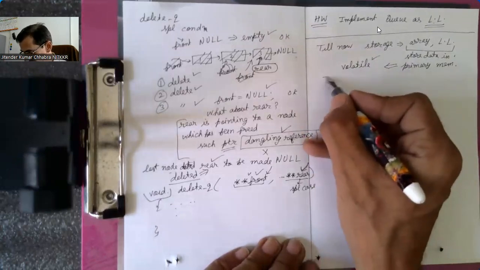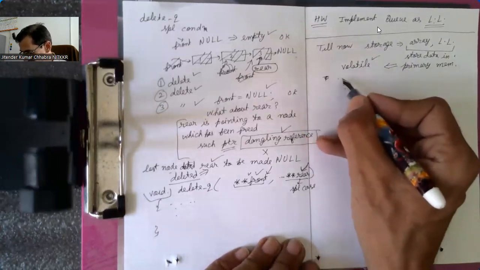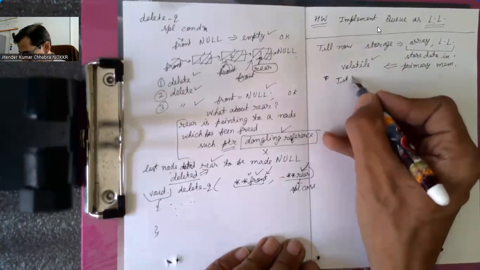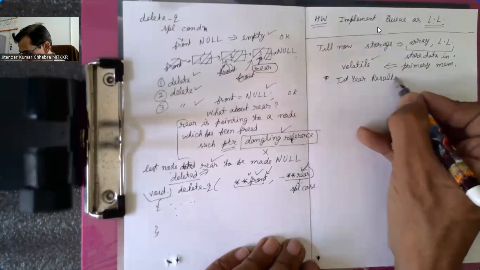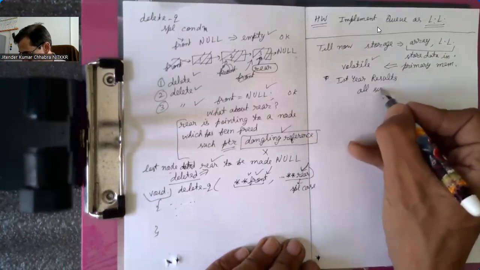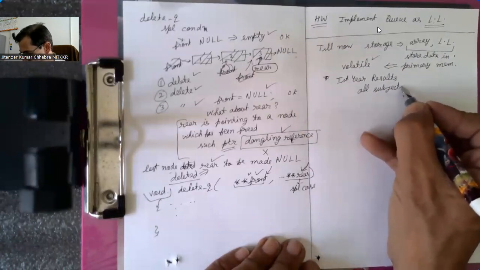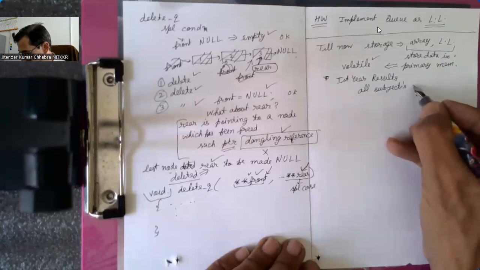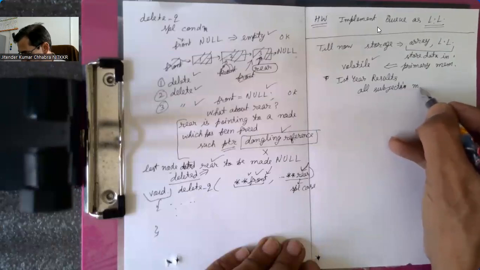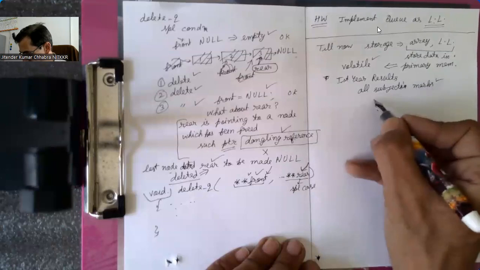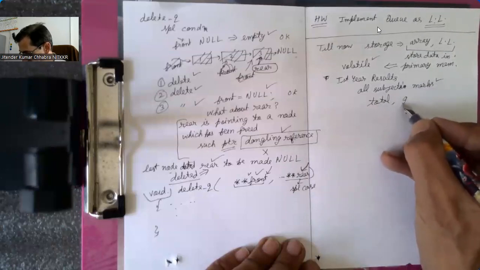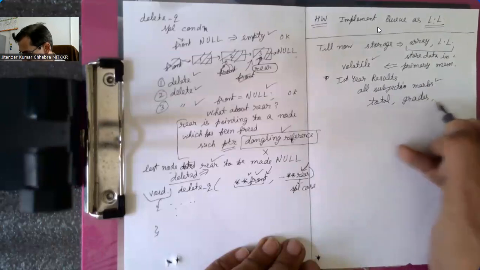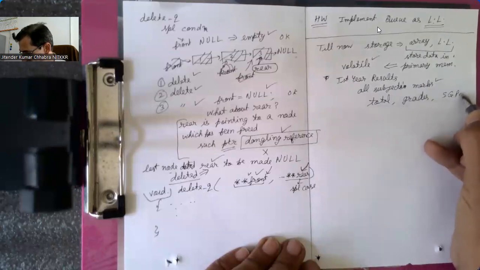Now imagine that you have, let's say, the first year result being prepared via a program. All subject marks have been fed, and all subjects' internal marks and external marks are fed. Then accordingly your total is calculated, subject grades calculated, and then your SGPA also calculated.